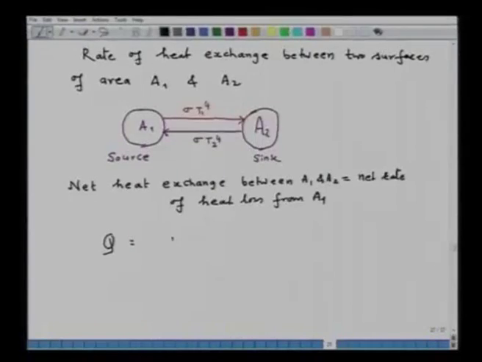So, that is where the rate of heat transfer or heat loss is defined in terms of sigma.